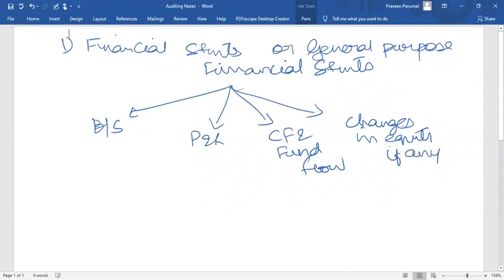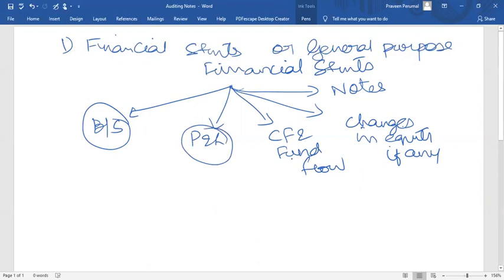And the fifth element is notes to accounts. So the general purpose financial statement comprises of 5 elements: the balance sheet, the P&L, the cash flow and fund flow statement, the statement of changes in equity, if any, and notes to accounts.